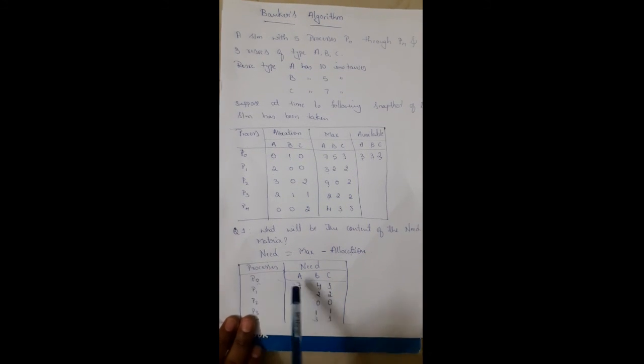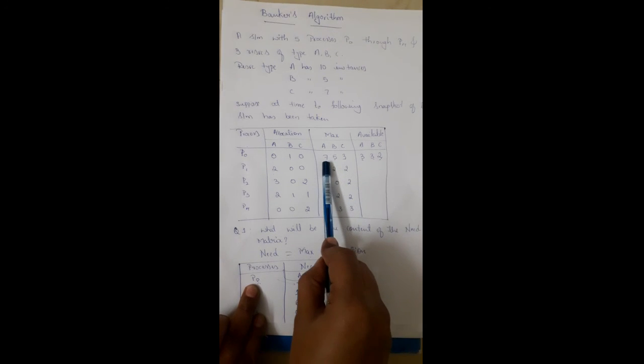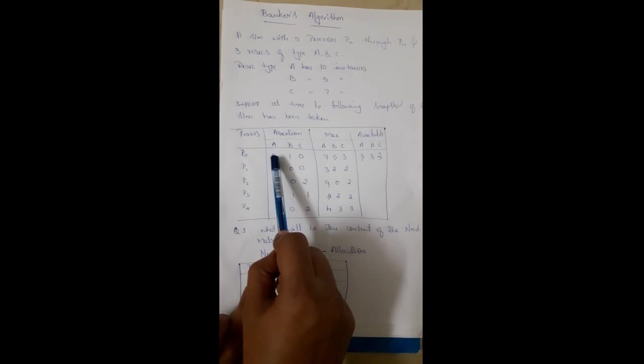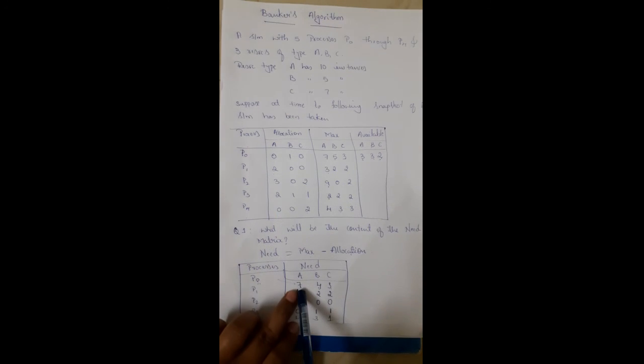P0: max minus allocation. Max for resource type A is 7 minus allocation 0, 7 minus 0 is 7. 5 minus 1, 4. 3 minus 0, 3.